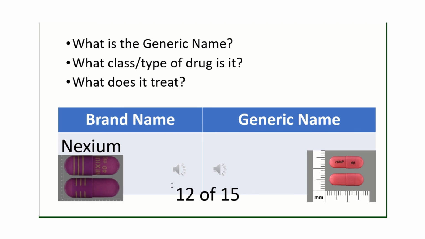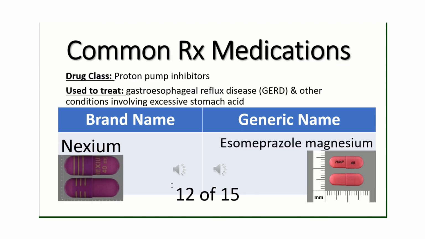What is the generic name for Nexium? What type of drug is Nexium? What does Nexium treat? The generic name for Nexium is esomeprazole magnesium. Nexium and esomeprazole magnesium are proton pump inhibitors.